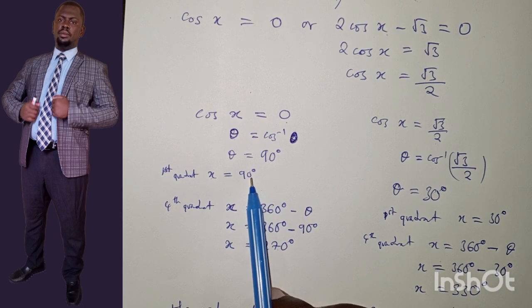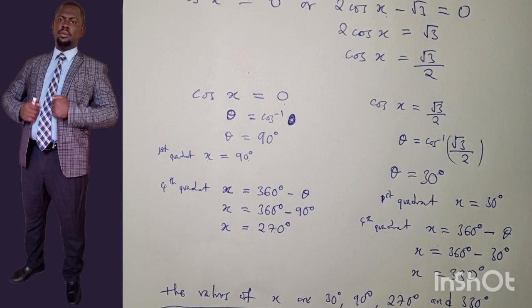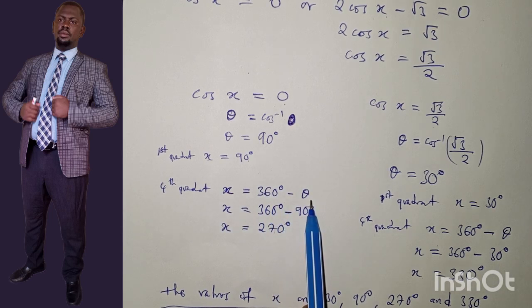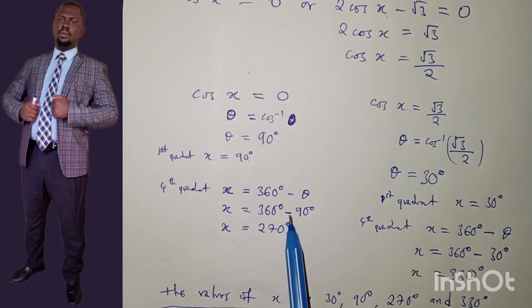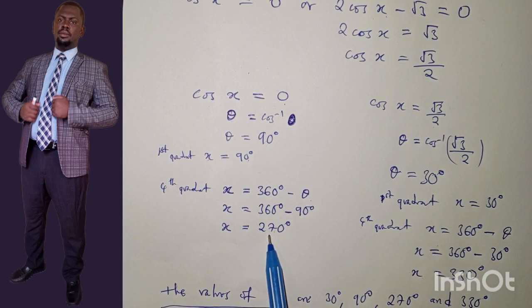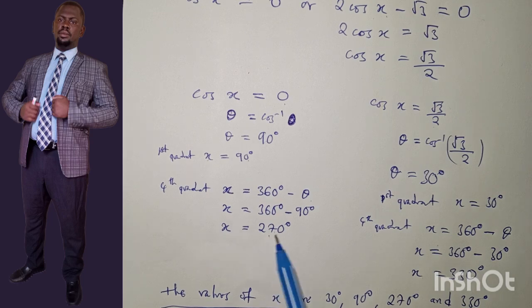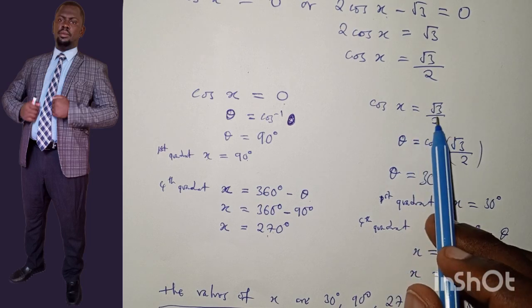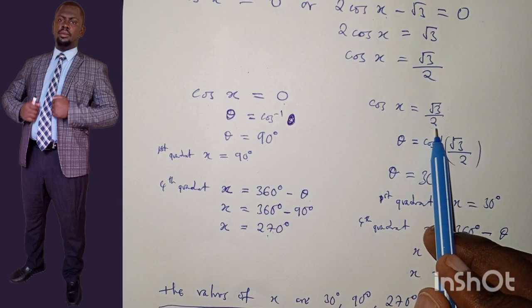The other quadrant where cos is positive is the fourth quadrant, where the formula is 360 degrees minus theta. So 360 degrees minus the first quadrant angle 90 gives 270.